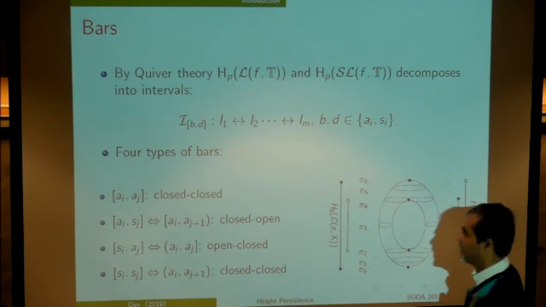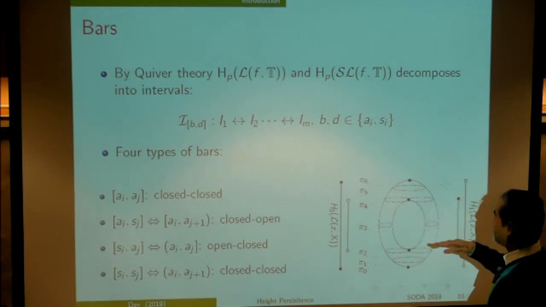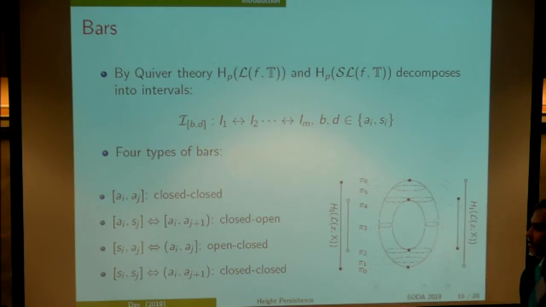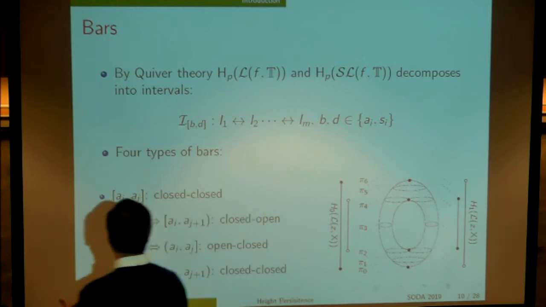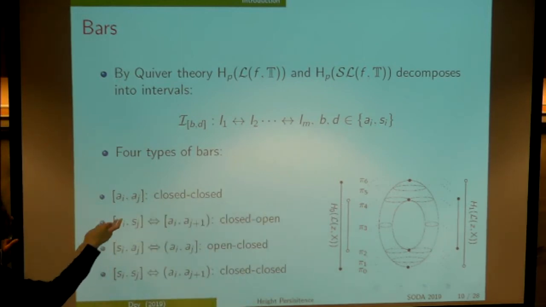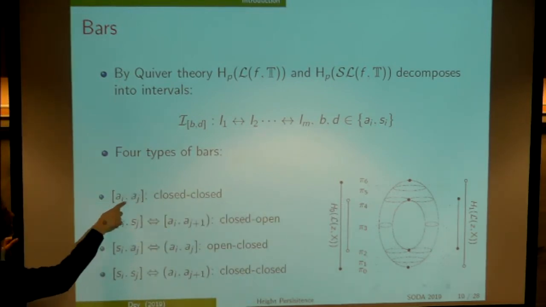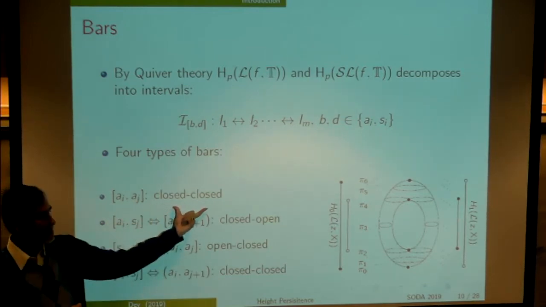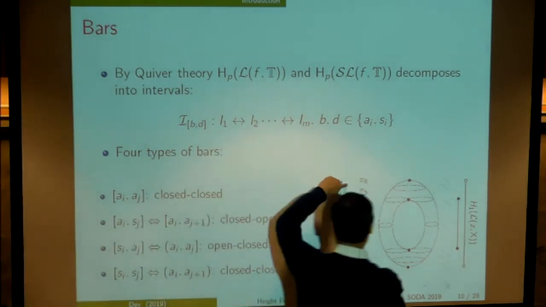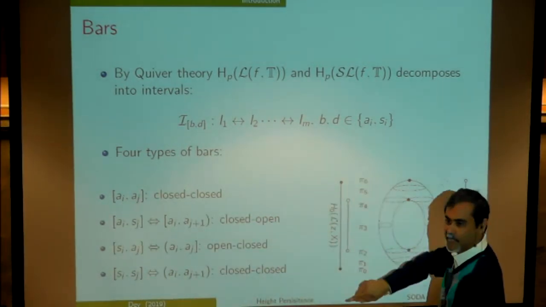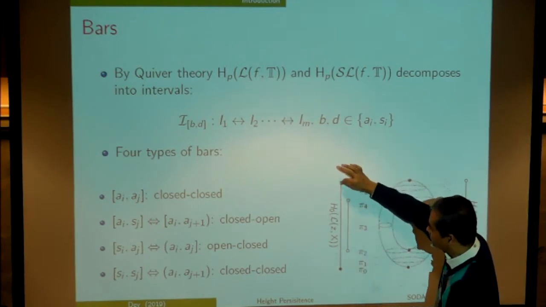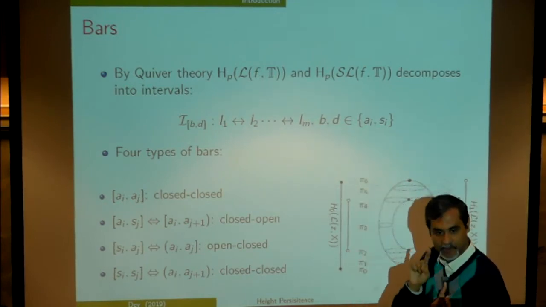What are those four types? Since I have taken the critical levels and the intermediate levels, it could be that a bar is between a_i and a_j, the two critical levels. I call it a closed bar and denote it with both endpoints closed, because this interval does exist at this point and at this point. That's why it is a closed bar.